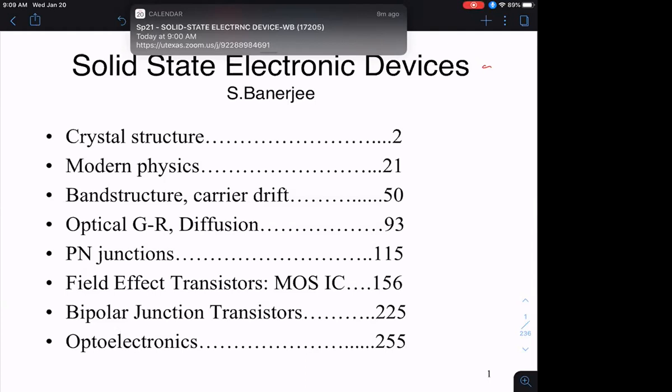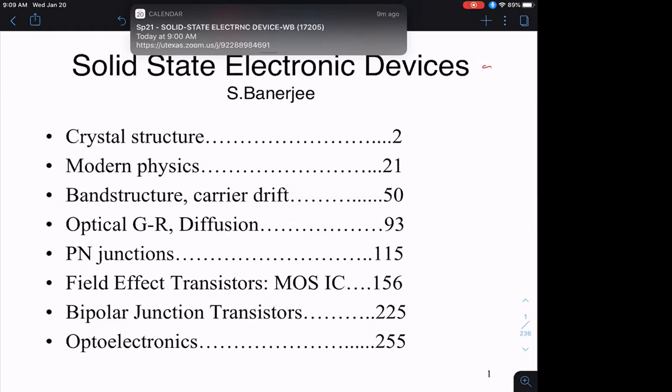If you reverse bias it, you can detect photons. That's called a photodiode or a photodetector. If you shine radiation on it, such as sunlight, you can make a solar cell out of it. So the p-n junction, although it's a very simple structure, is very, very useful. And then, of course, you can use the p-n junction in regular electronics, such as p-n junction rectifiers and so on and so forth. So I'll spend a lot of time on p-n junctions.